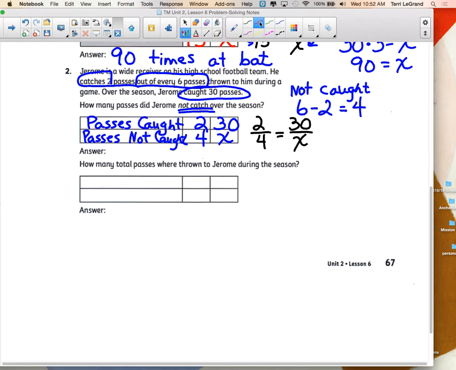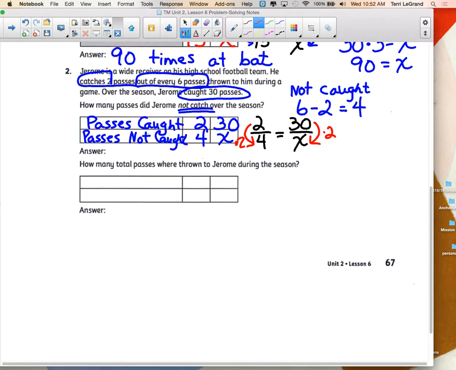In other words, we're going to go from 30 to X. What do we have to do to go from 2 to 4? Because they both got to go the same direction. So what do we have to do, Wade? Multiply by 2. So what would our equation be?